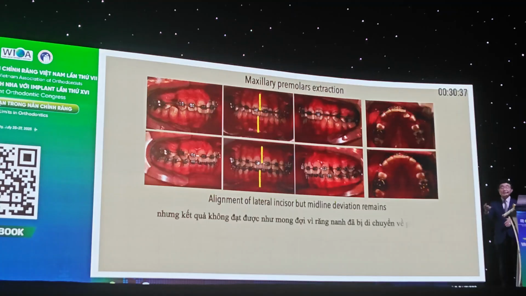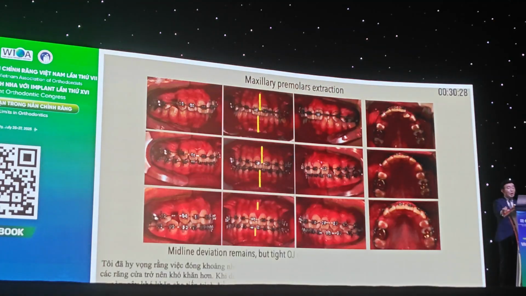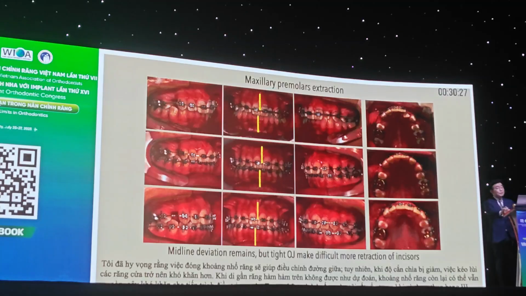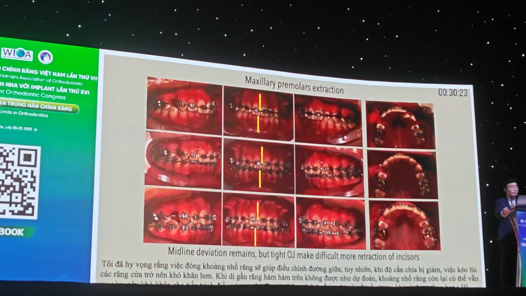But the midline did not show a significant advancement as the canine wall is displaced posteriorly. I had hoped that closing the extraction space would improve the midline. However, as overjet diminished, it became increasingly challenging to retract the incisors.